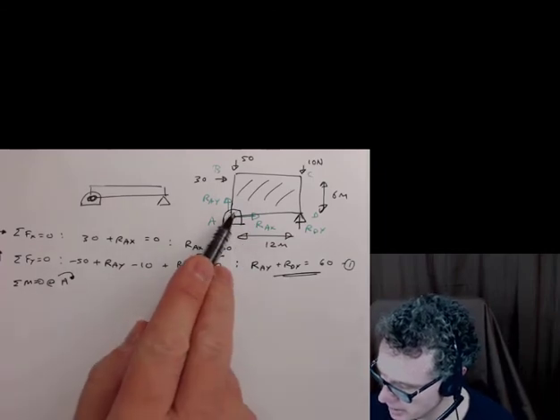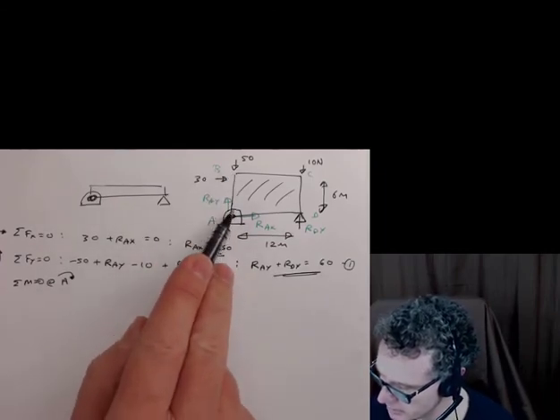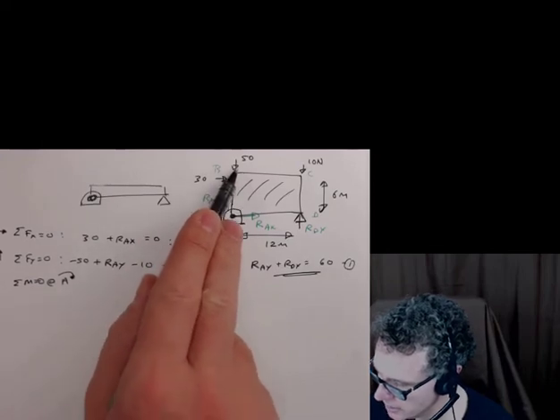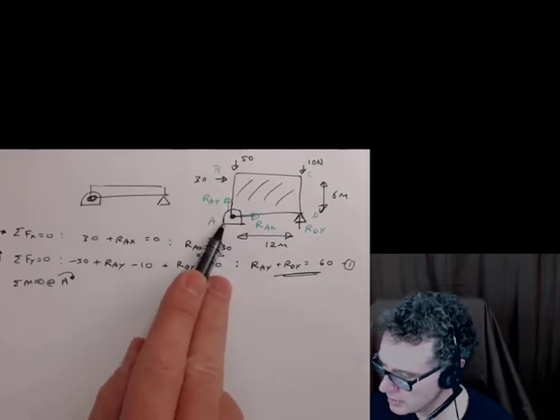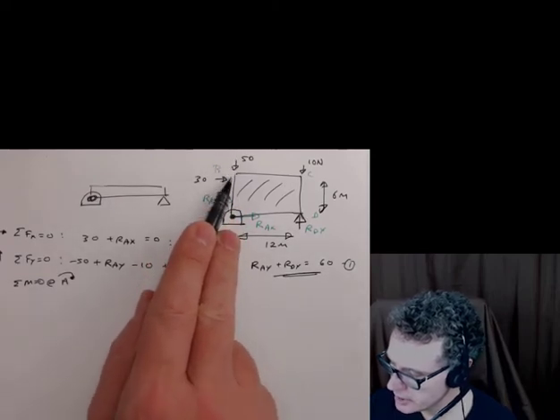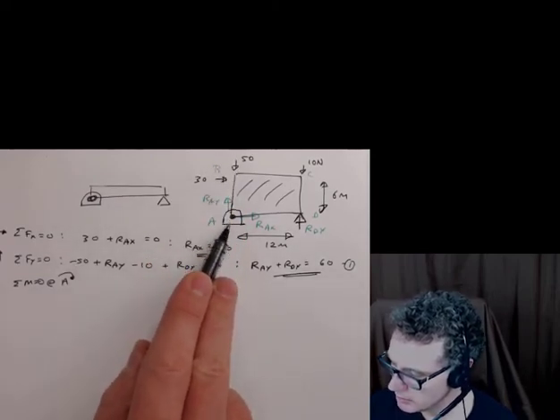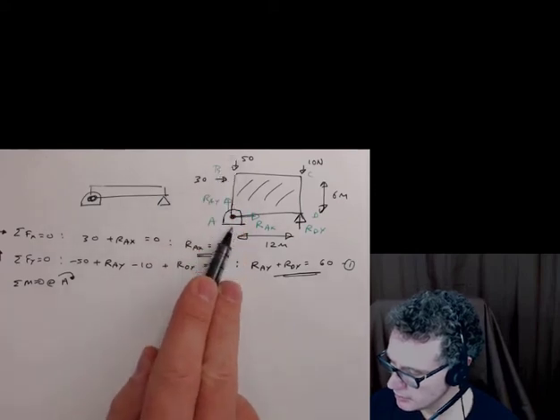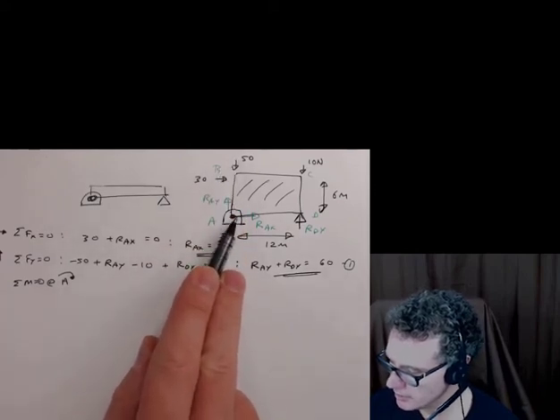So take moments here. Now notice this is kind of good. With the 50 here, it's going straight along this axis here. So that is not going to create any moment. It's pointing straight through the pivot.